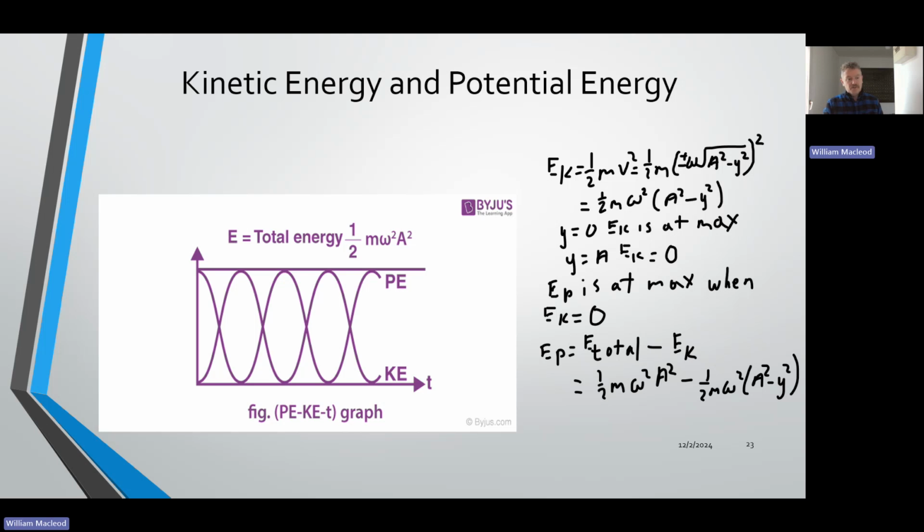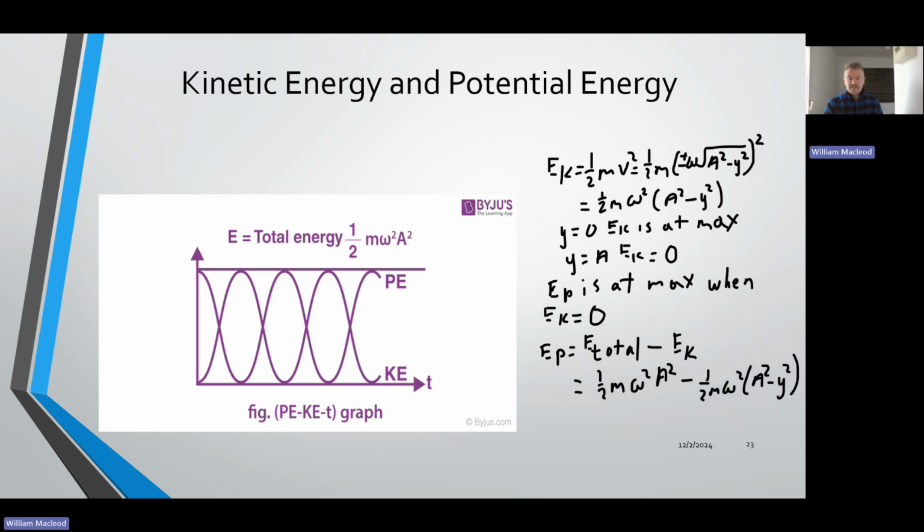So what you've got there is a constant energy on the graph, and the combination of kinetic and potential would be equal to that total energy. So we can make a few comments about that.